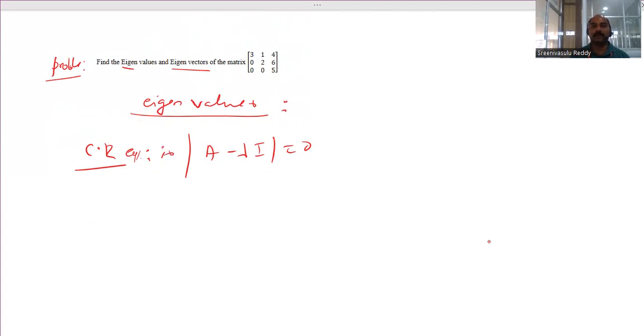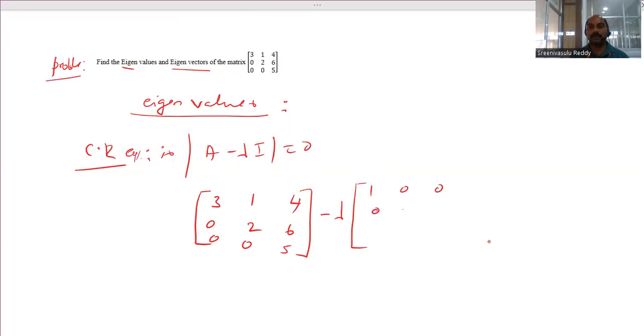So substitute A value. A is a 3 by 3 matrix: first row 3, 1, 4, second row 0, 2, 6, third row 0, 0, 5, minus lambda times the 3 by 3 identity matrix 1, 0, 0, 0, 1, 0, 0, 0, 1.